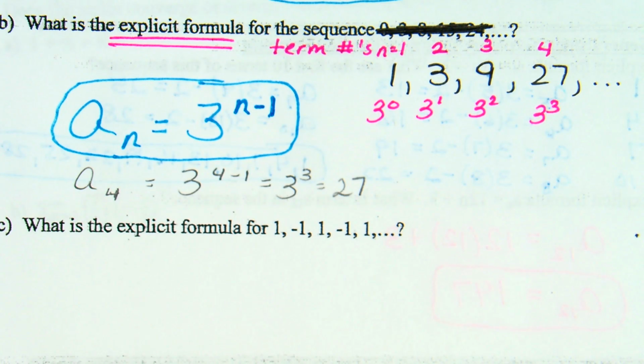Are you talking about how on Friday we had the n minus 1 being the subscript? On Friday when we did those recursives, that n minus 1 was our subscript, and we always had it on the A. And that was always representing the previous term.